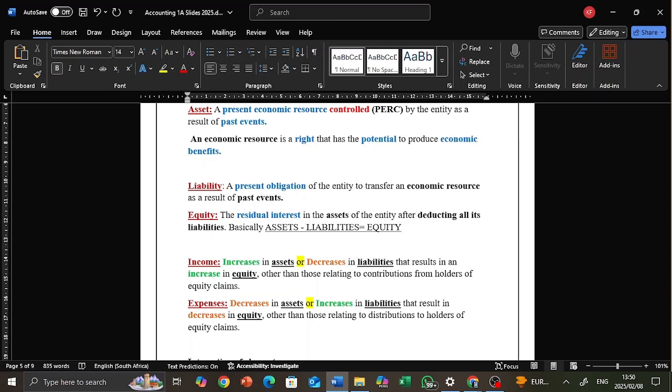Okay, essentially it's a complicated definition to explain, so I hope that makes sense, that there are other items that would not affect the income because they are holders of equity claims, meaning people that we owe money. They may have a share in our company, we owe them dividends. Okay, for us to issue these shares, there are share issue costs. We have to account as those, right? So if we're getting any profits within those transactions, it will not affect our income. Okay.